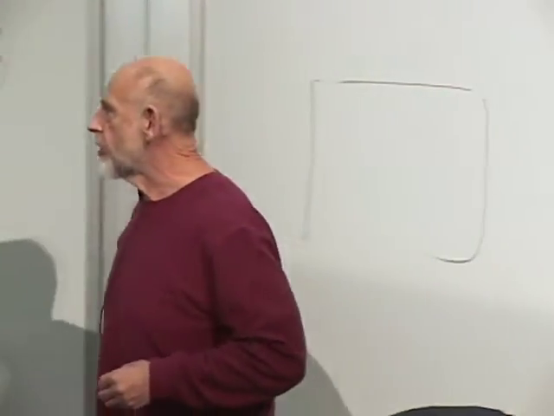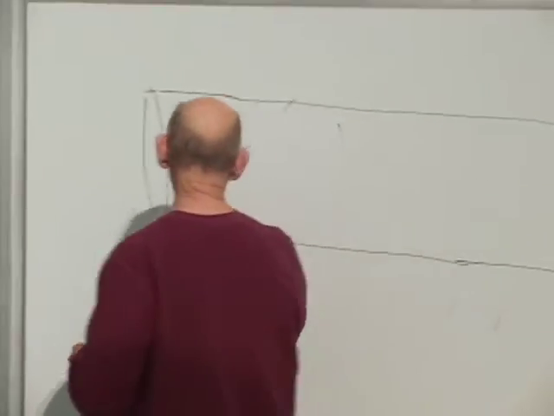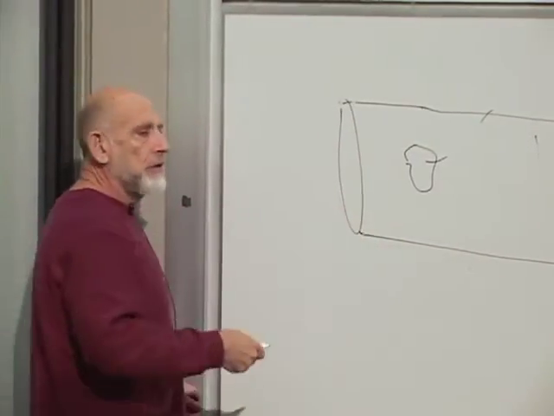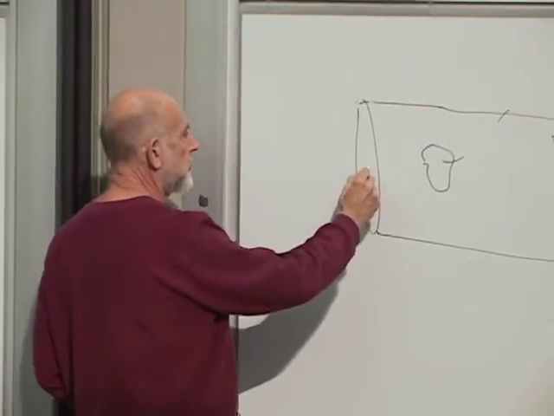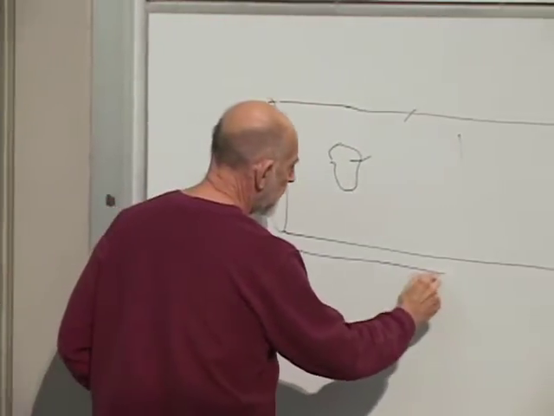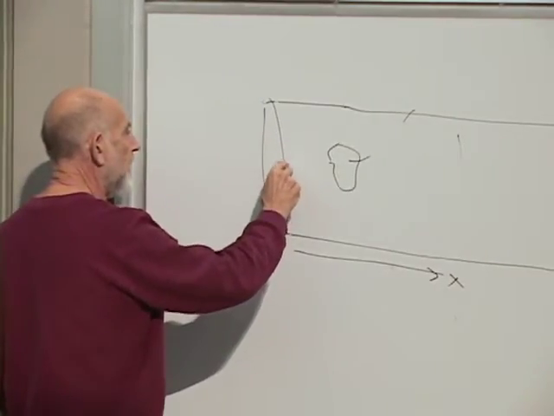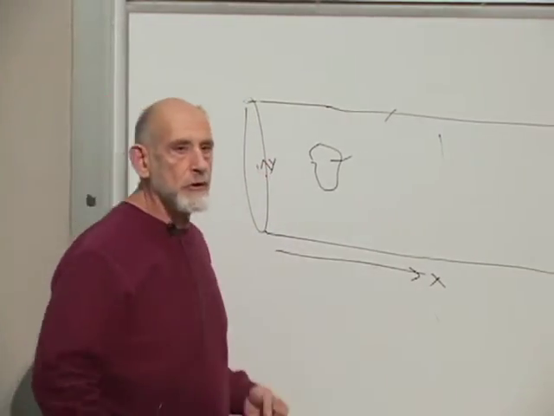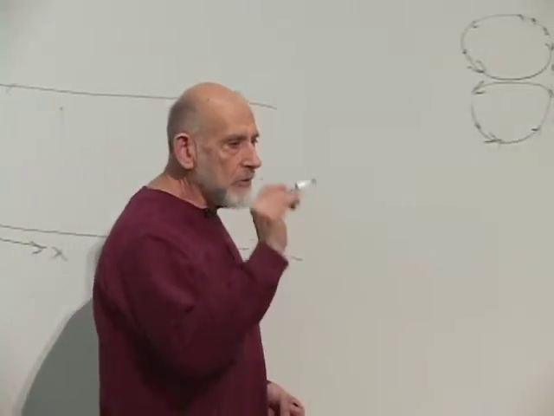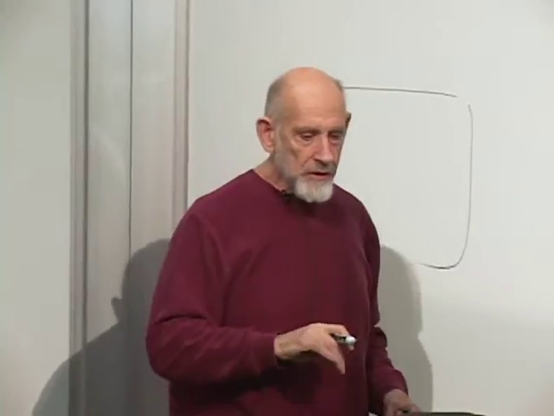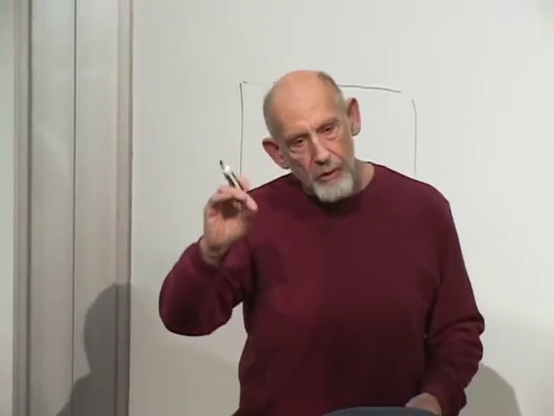No, this is not sigma. This is some x. This could be x. We could call this direction y around here. That's space. That's real space. Sigma is just a parameter which changes along the string. It's just naming the points along the string.